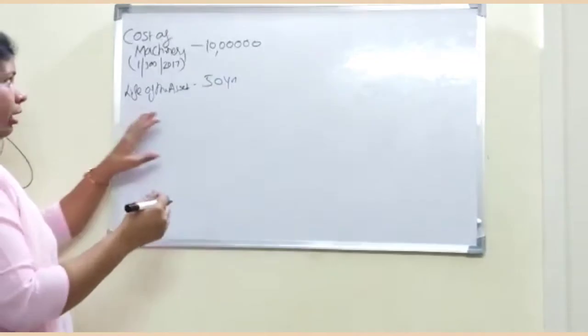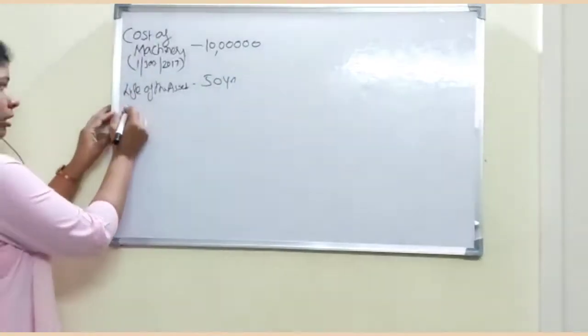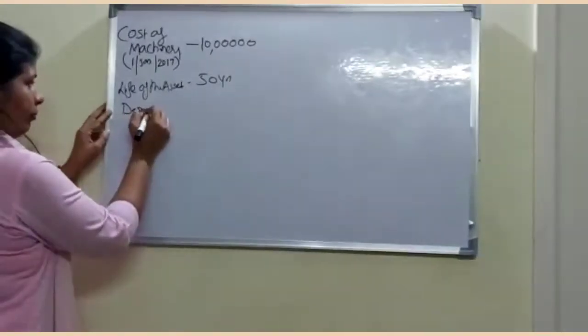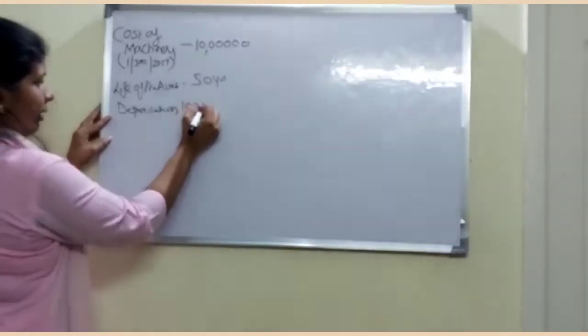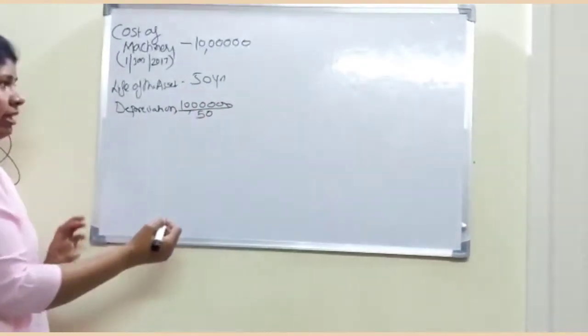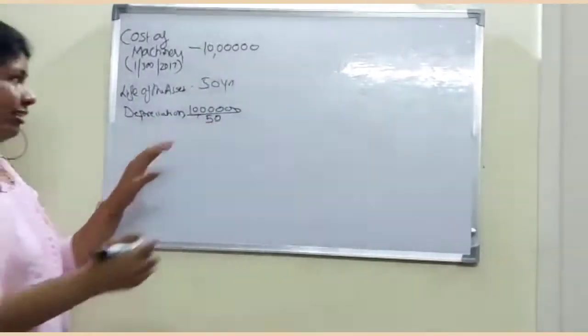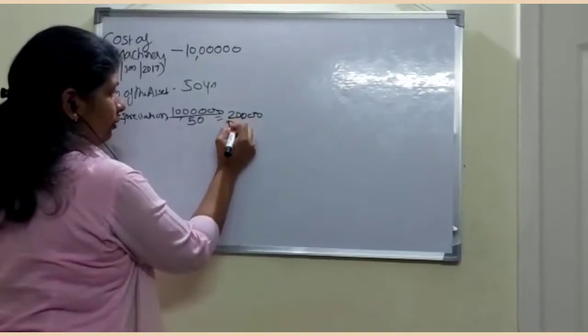Now, depreciation on 10 lakhs, if you take the straight line method, is coming to 20,000 per year.